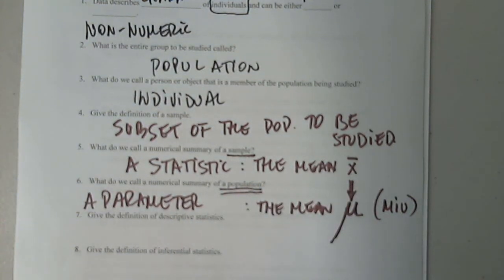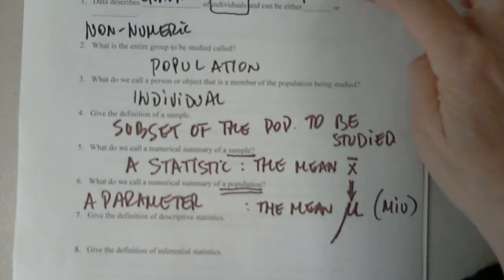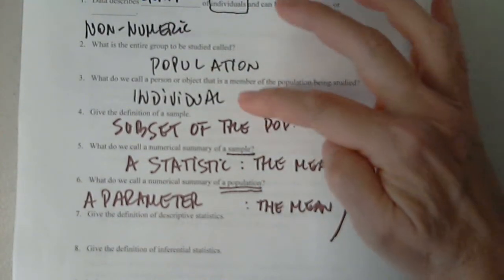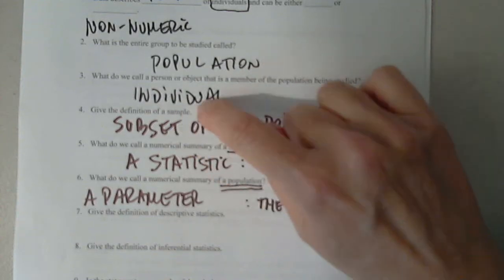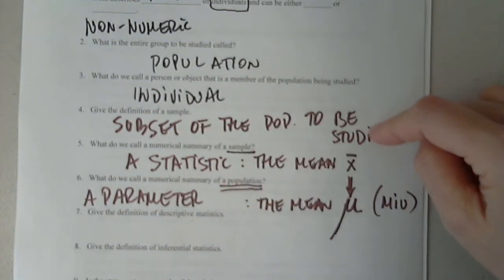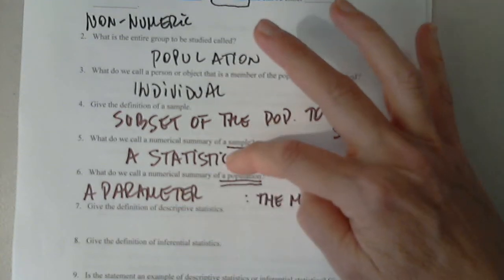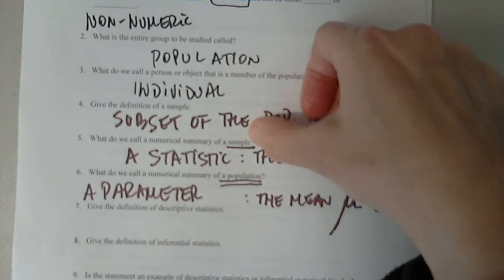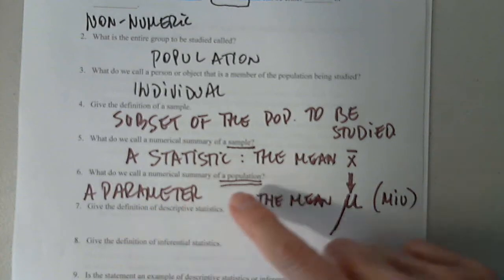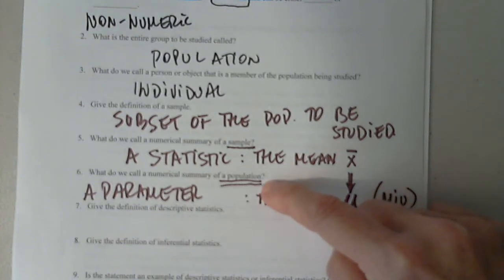So like any class has its vocabulary, these are our key words: numeric, non-numeric, population, individual, subset, sample, a subset of the population, a statistic, and a parameter. When we talk about the statistic, we talk about a sample. When we talk about parameter, we are talking about a population.